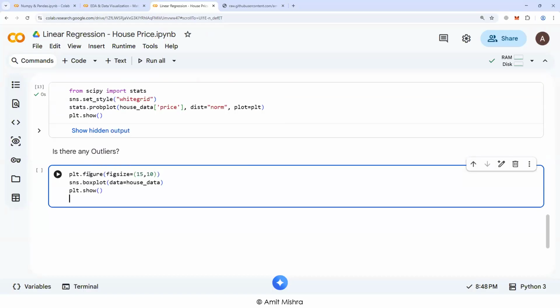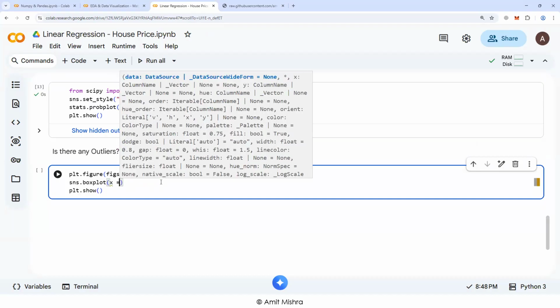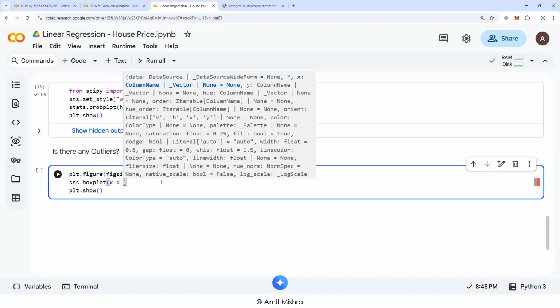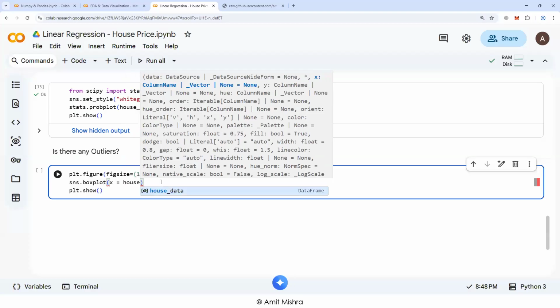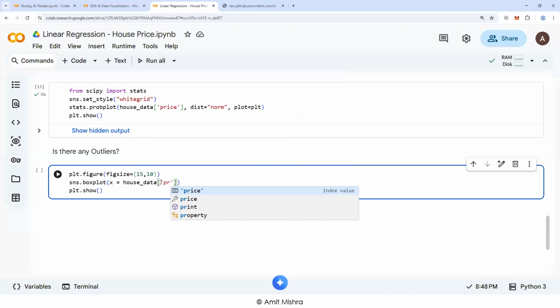Let's check the box plot for the data, which is house data. I'm going to take square brackets of price.